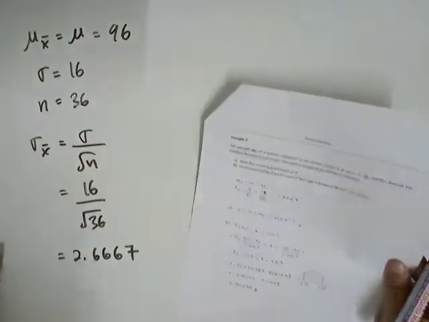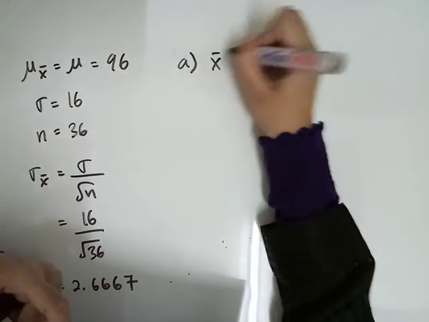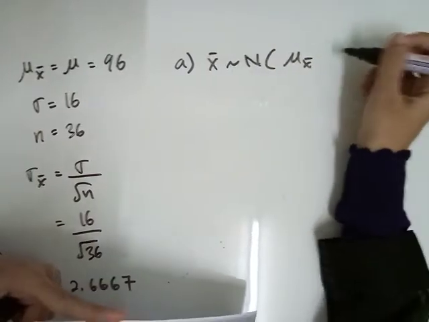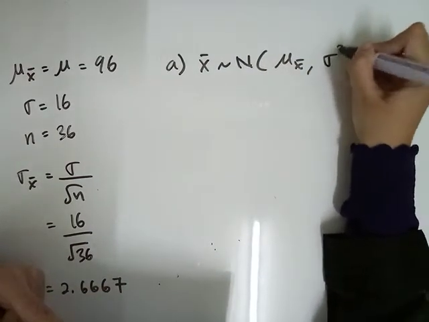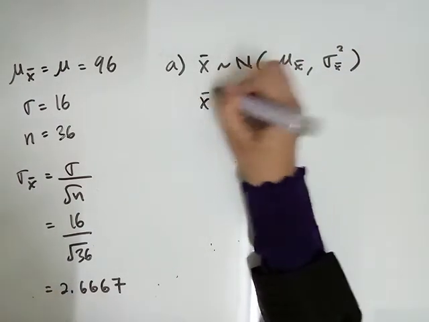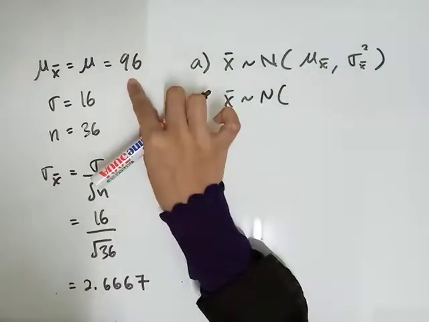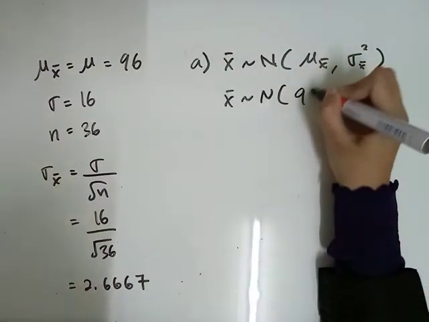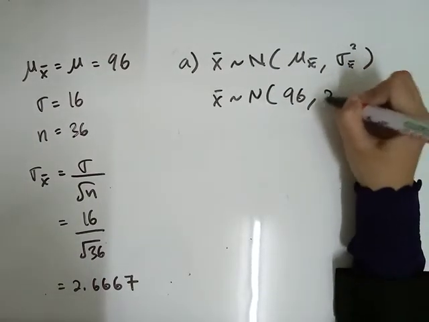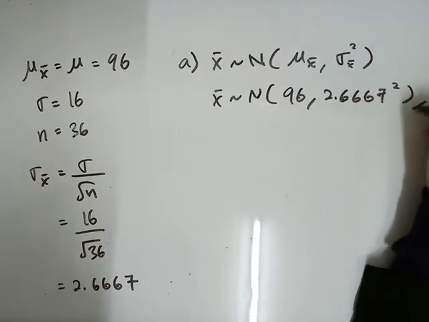Okay, bila dia minta state the sampling distribution, that means you have to state the sample mean having normal with mean of the sample mean and variance of the sample mean. So, sample mean having normal with mean of the sample mean which is 96 and variance of the sample mean which is 2.6667 square. This is the answer.